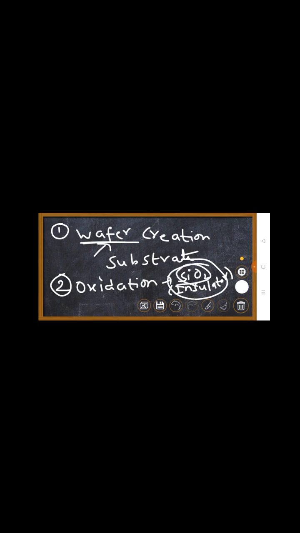Now coming back to the third step, step number 3, a very important step. Just think that it is at the heart of this fabrication process. Basically this is the combination of two steps.